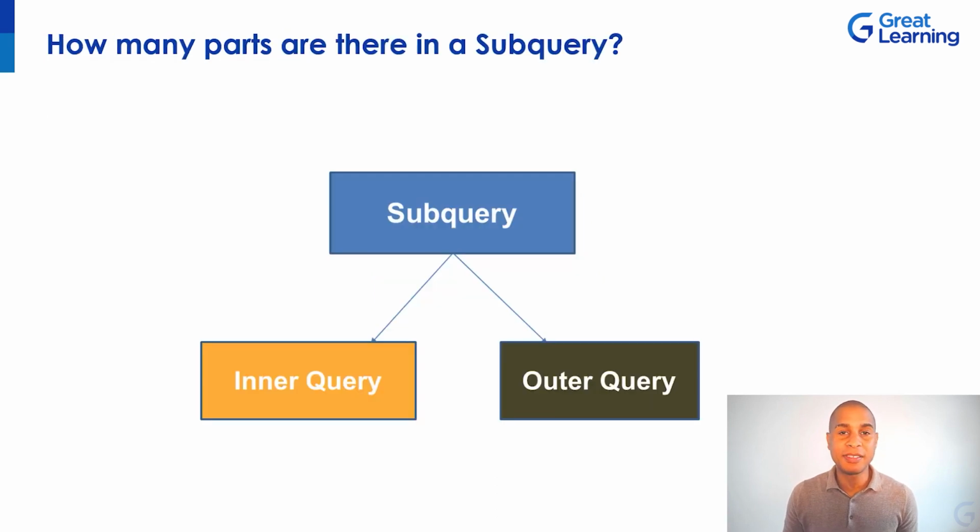So how many parts are in a subquery? You have an inner and outer part of your query. You are going to understand the difference between an inner and outer query. Imagine the inner part is the thing that runs first, and then the outer query runs second.